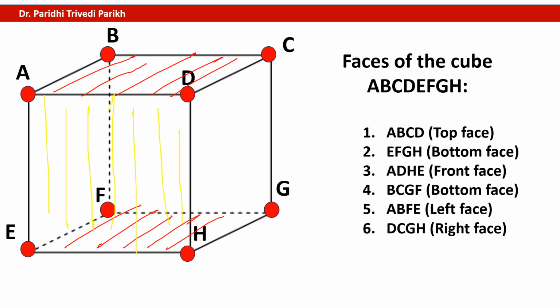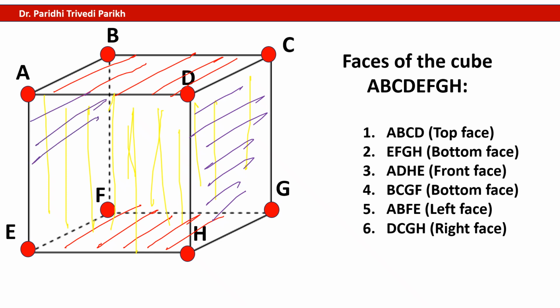B, C, G, H is the back face. And then D, C, G, H is the right face, and A, B, F, E is the left face. Is everyone clear with the faces of the cube?